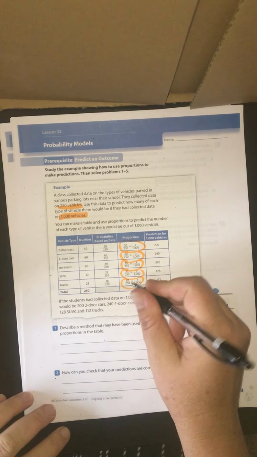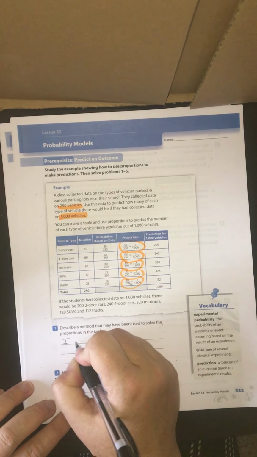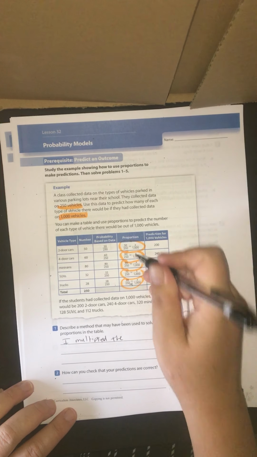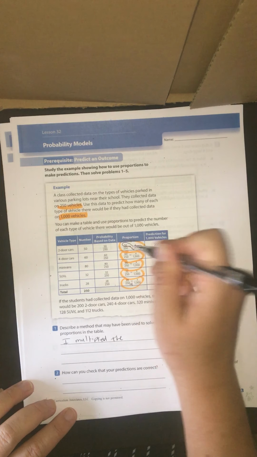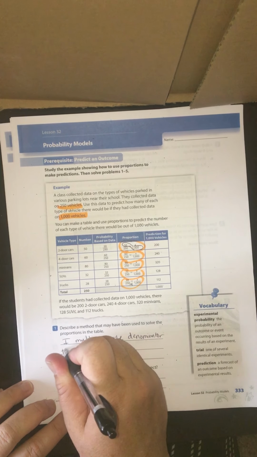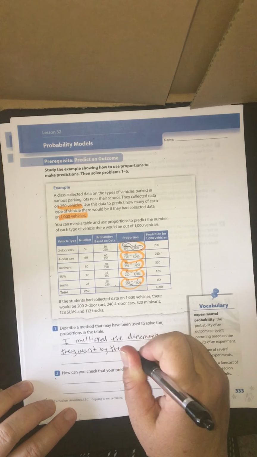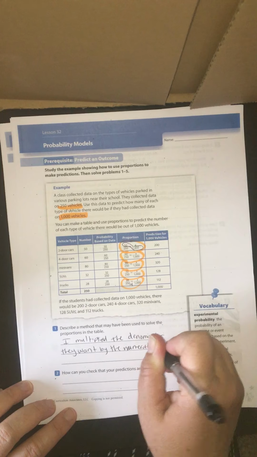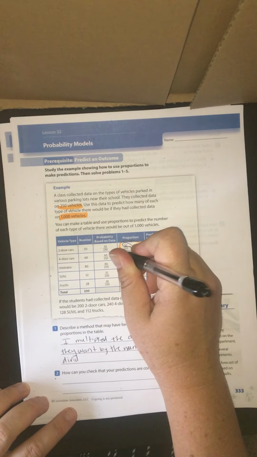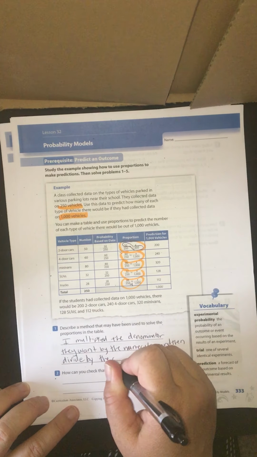Some people use the denominator and figure out that this is 4 times more. I usually multiply the denominator they want by the numerator and then divide by the denominator.